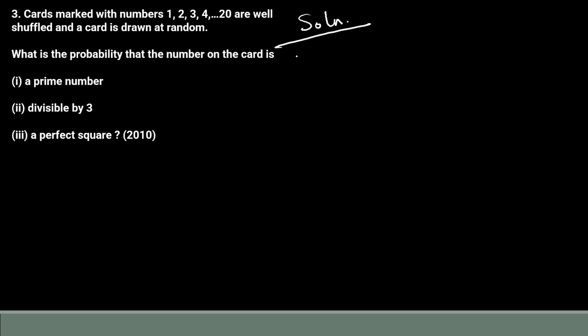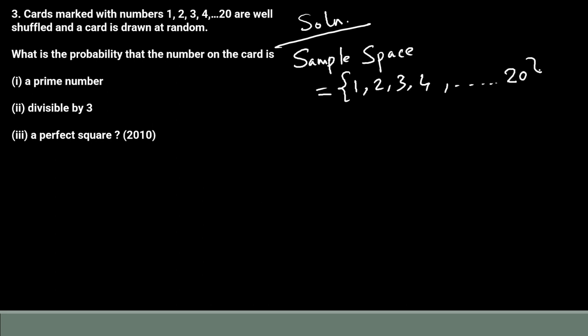Okay. So what will be the sample space? A card marked with numbers 1 to 20 are well shuffled and the card is drawn at random. So your sample space contains 1, 2, 3, 4, all the way up to 20, right? So this is your sample space, right?